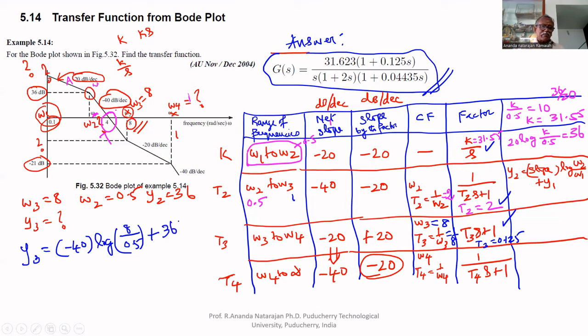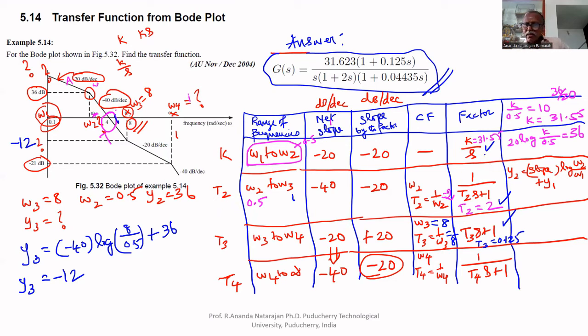If you use this, what will we get? y3 equal to minus 12. Now we know y3. y3 equal to minus 12.